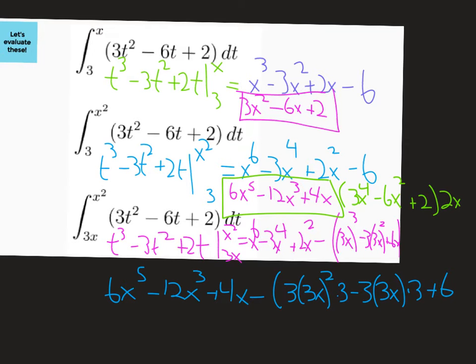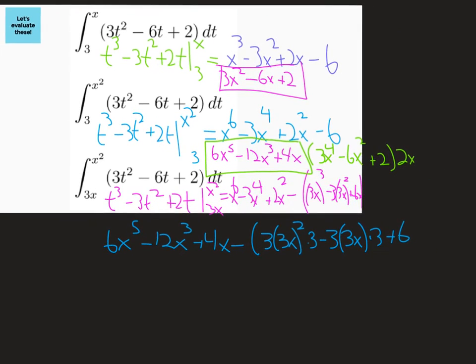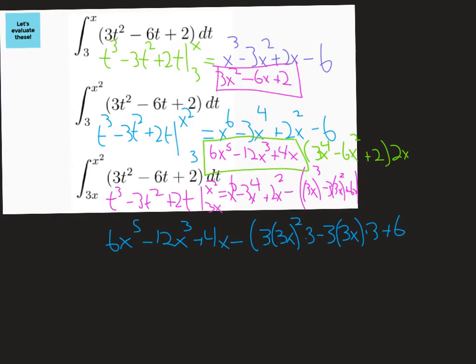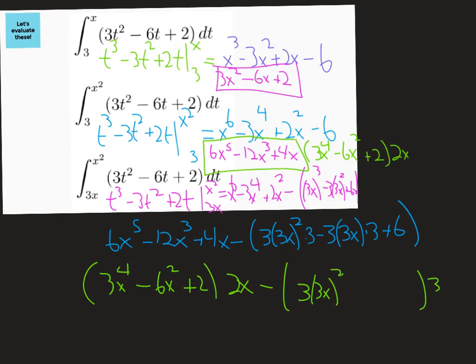And then if I do the same idea with the pieces down the bottom, again I'll have 3x to the 4th minus 6x squared plus 2 times 2x. And seeing I missed a parenthesis here, I can take a 3 out from everyone, right? And I'll have 3 times 3x squared minus 3 times 3x plus 2.